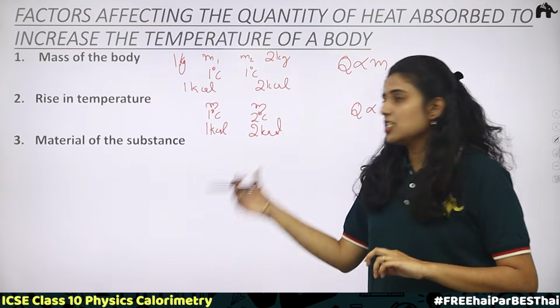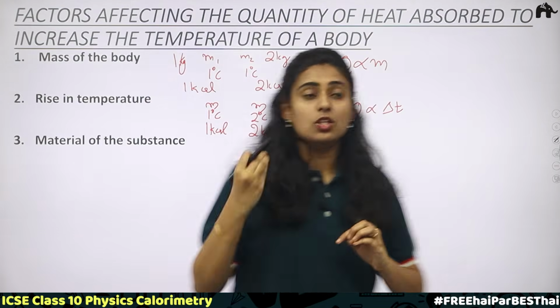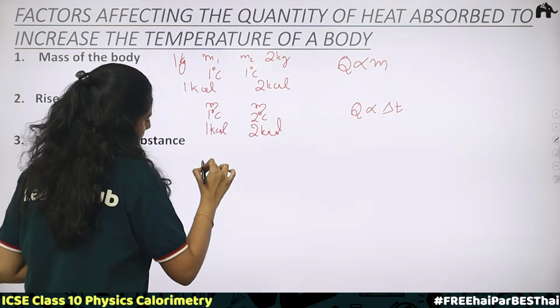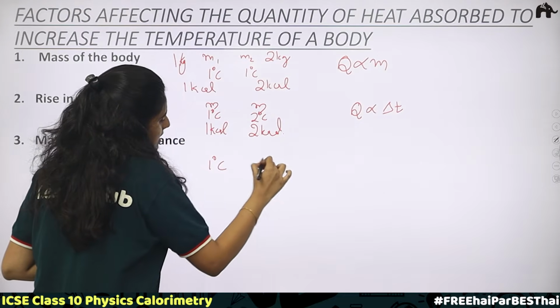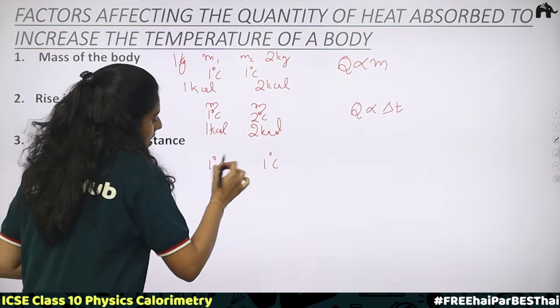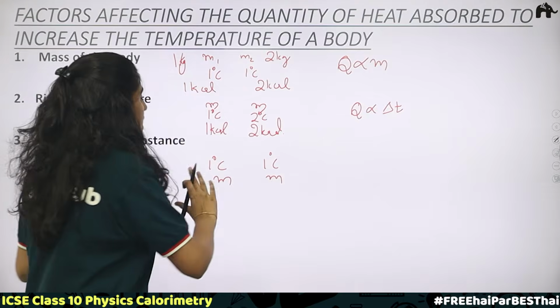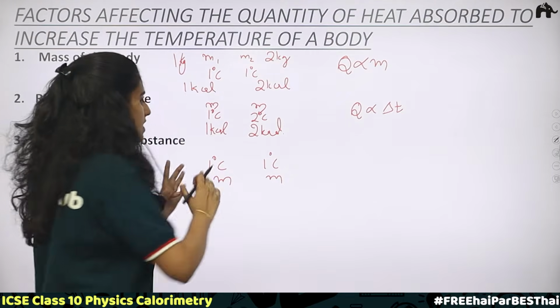Now the third one, material of the substance. Here in this case, you are raising the temperature by the same amount, for example 1 degree Celsius, 1 degree Celsius. The mass of the body is equal in both, but the substances are different.